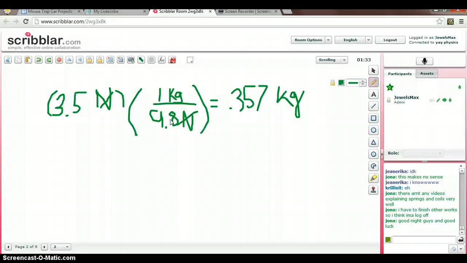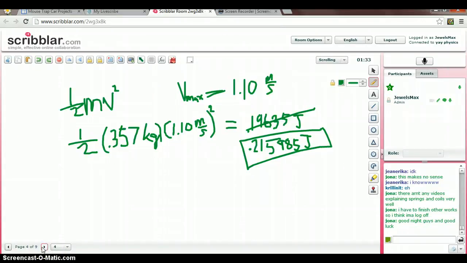So I calculated the average force of my Mousetrap car, and then plugged it into this conversion, and I found that my car is 0.357 kilograms, which makes sense because my car is not heavy.